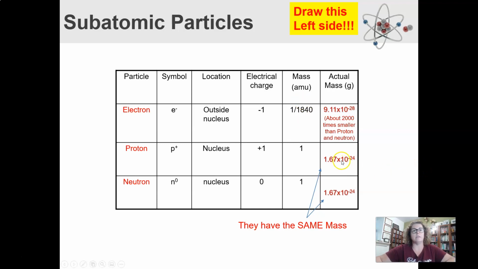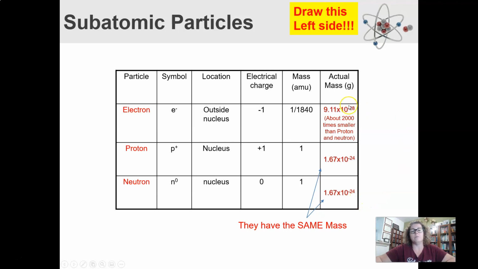The protons and neutrons inside the nucleus have the same mass. You're looking at this number, 1.67 times 10 to the -24. That's a very, very tiny particle, and it should make sense because we can't even see them. They're super tiny, but they do have mass, okay? So the protons and neutrons have very tiny mass, but the same mass.